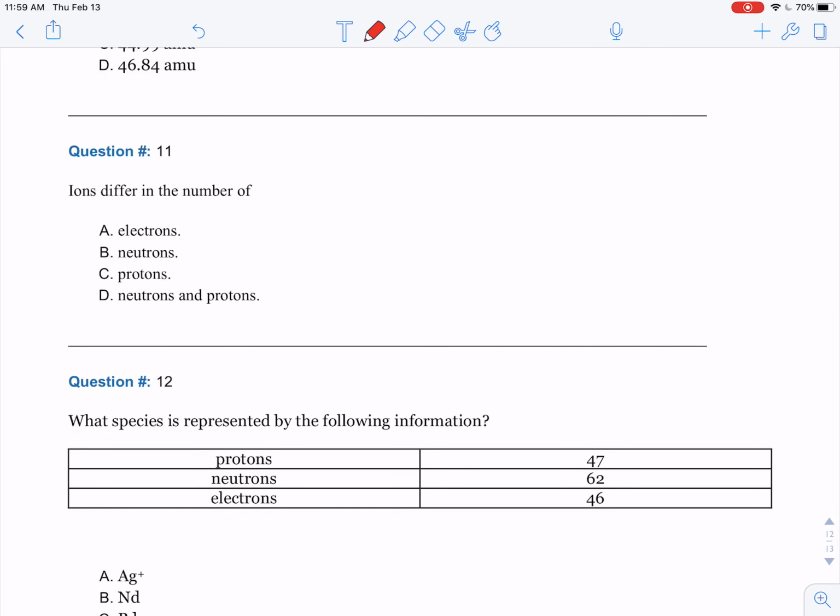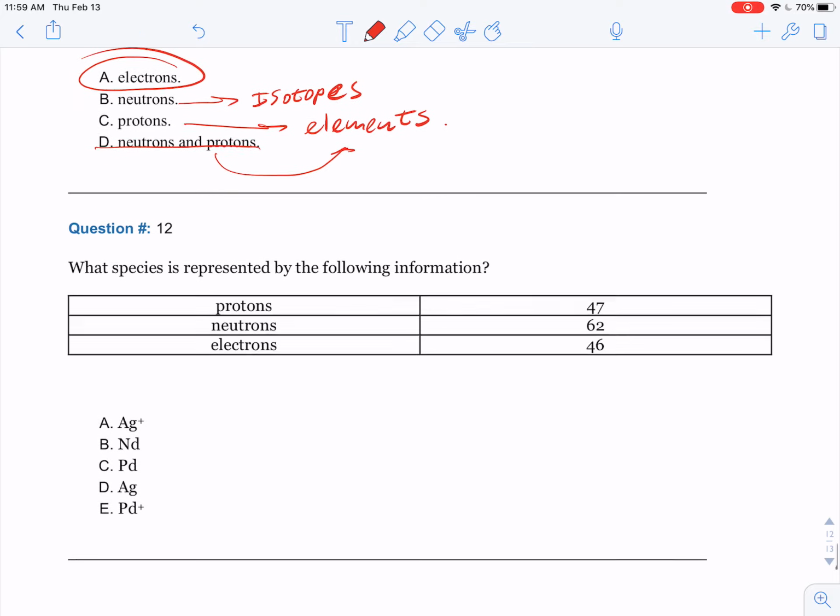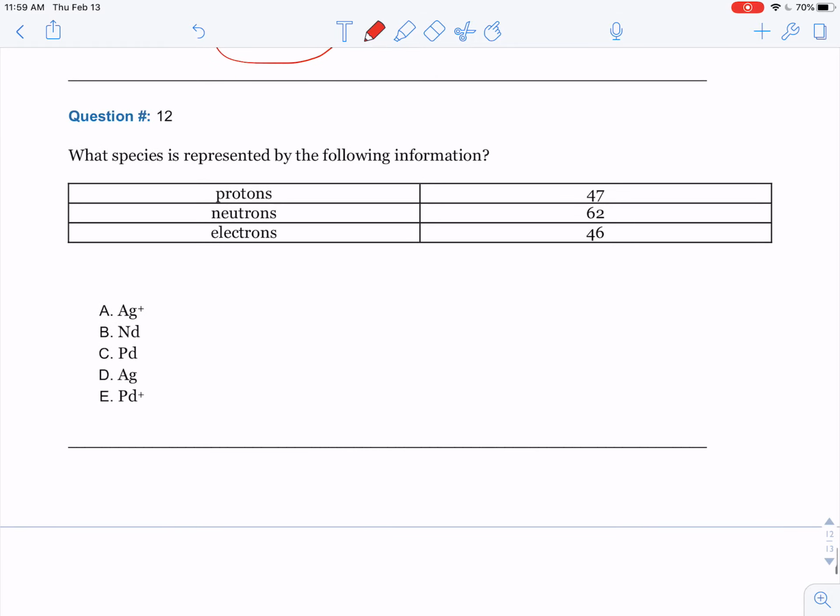Ions differ in the number of electrons. If they differ in the number of neutrons, they are isotopes. If they differ in the number of protons, they are different elements. And if it differs in neutrons and protons, well, it's kind of the same thing. What species is represented by the following information? You have 47 protons, that's silver.